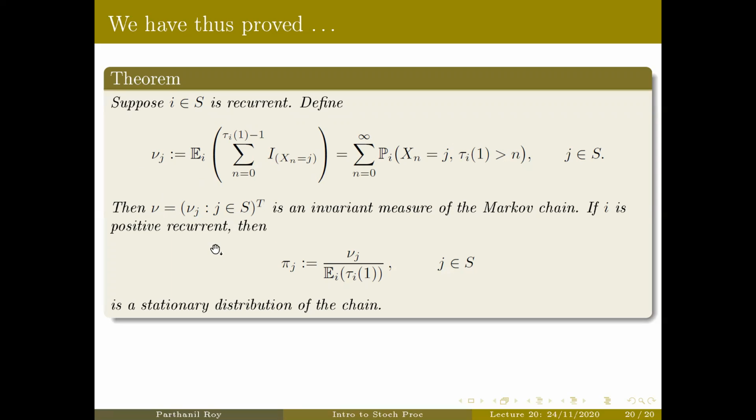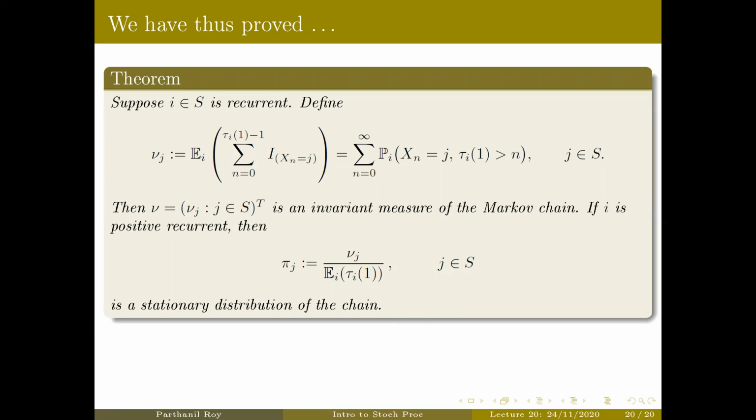If further i is positive recurrent, then pi j, which is the normalized nu j, that is nu j over the sum of all the nu j's, which is essentially the expected first return time to i, is actually a stationary distribution of the chain. So this is the theorem that we have proved.